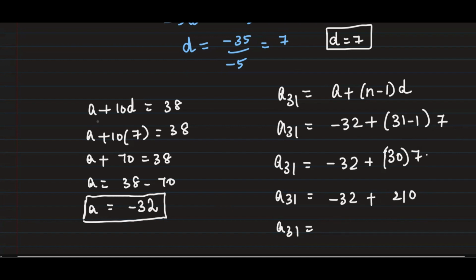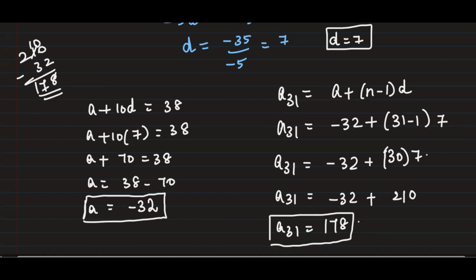So now 210, let's simplify this one. 210 minus 32 will become 178. Okay, so the value of A31, the 31st term, will be 178.